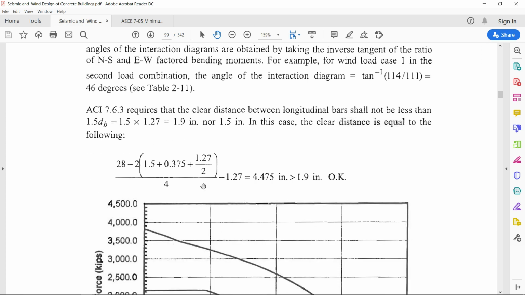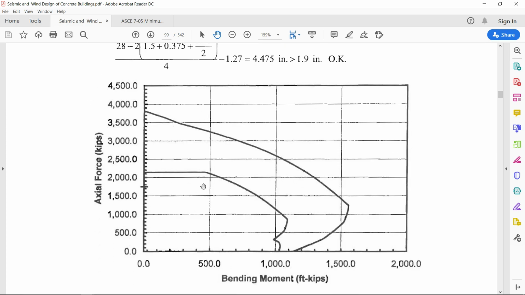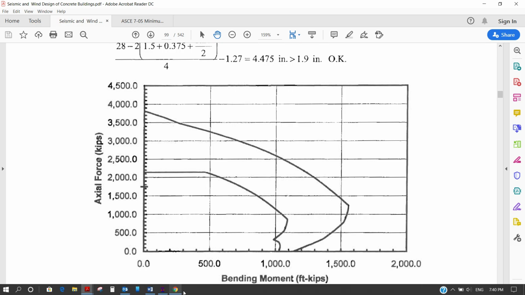Let's see the interaction diagram. Let's see the C4 column over here.